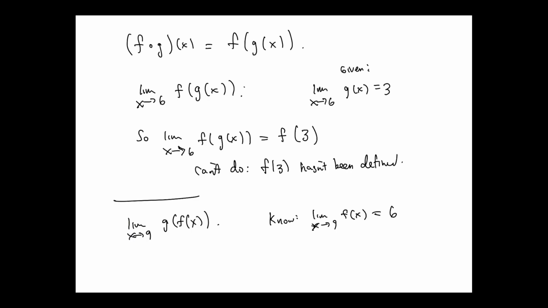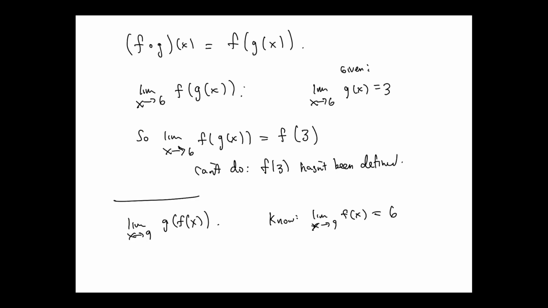Okay, so what are we going to guess that our answer should be? G of 6. Does that seem reasonable? What is G of 6? Is that a given piece of information? Is it on the sheet there? G of 6 is 9.